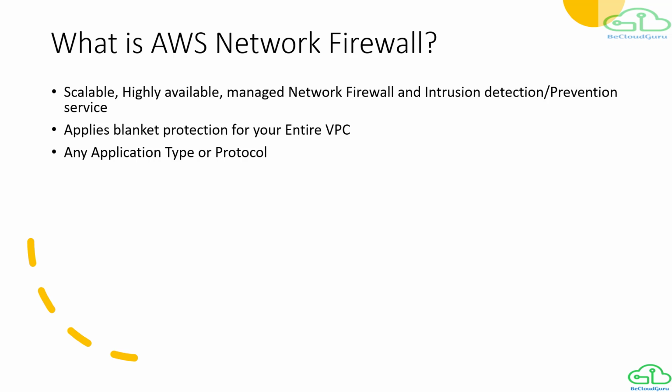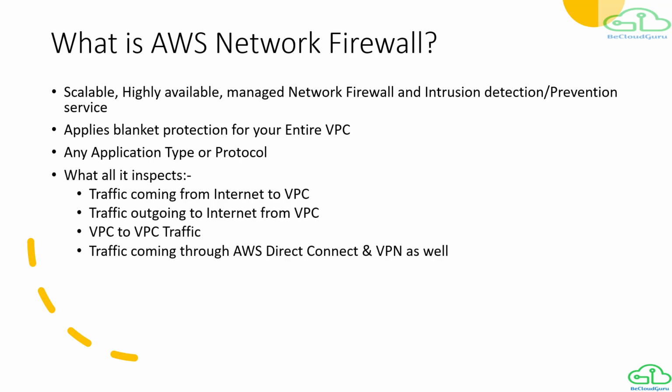So that's what differentiates it from security groups and the web application firewall. Security groups only protect your EC2 instances in a specific subnet. The web application firewall is for specialized web application use cases and works at OSI layer 7, while this one works from layer 3 to layer 7 of the OSI model. So this is the use case where you would like to use AWS Network Firewall.